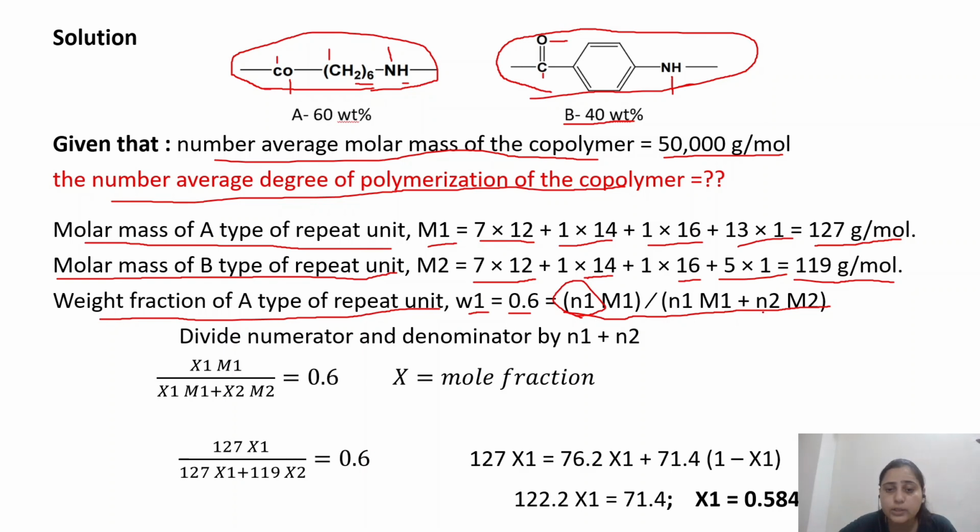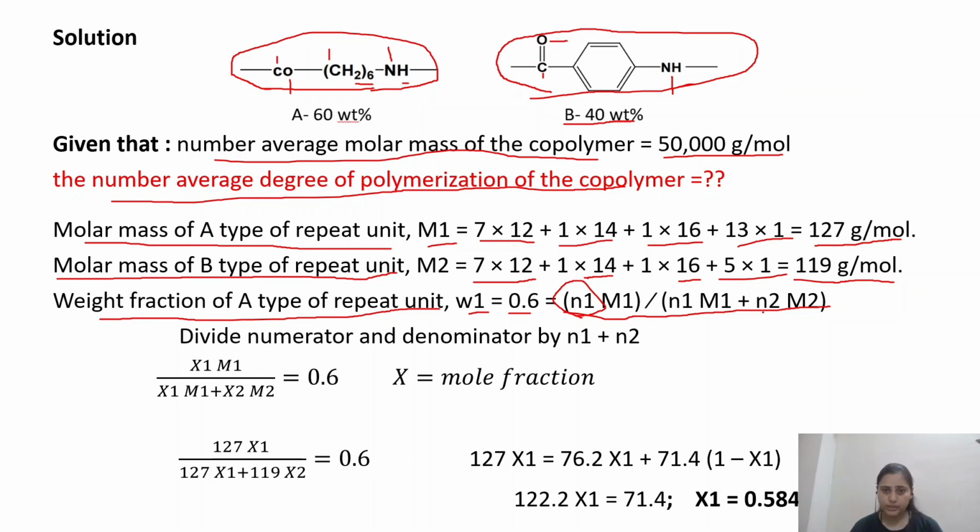So for calculating any of the weight fractions, like if we are calculating the weight fraction of type A repeat unit, then it will be N1 M1 by N1 M1 plus N2 M2, and the 60 weight percent is already given in the question, so we have written 0.6.